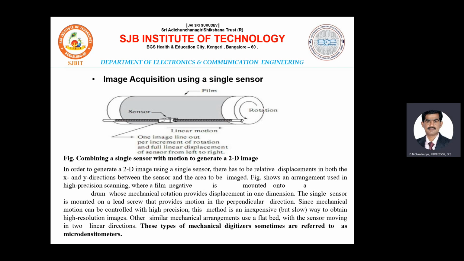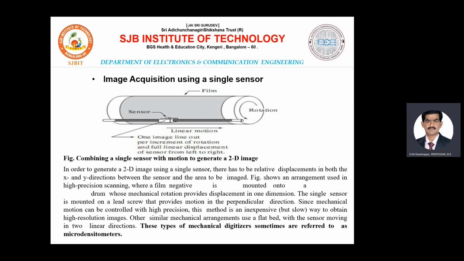Now, how does a single sensor with motion generate a two-dimensional image? Usually we represent images in two dimensions. In order to generate a 2D image using a single sensor, there has to be relative displacement in both the x and y directions between the sensor and the area to be imaged.